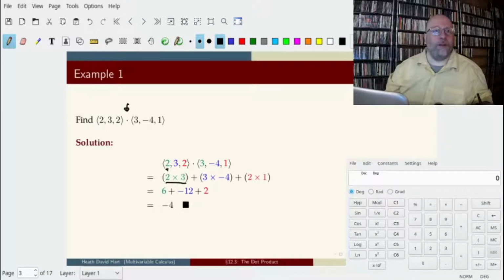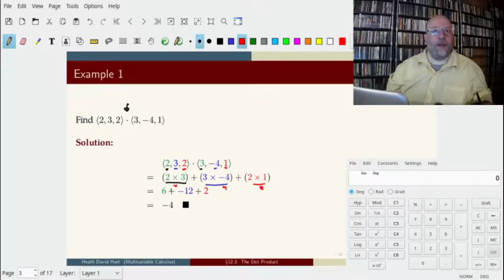That's the 2 from this vector and the 3 from this vector. Then we take the 3 and the -4 from the vectors and multiply them together. And then finally we take the 2 and the 1 from the vectors and multiply them together. So the x coordinates get multiplied together, the y coordinates get multiplied together, the z coordinates get multiplied together.